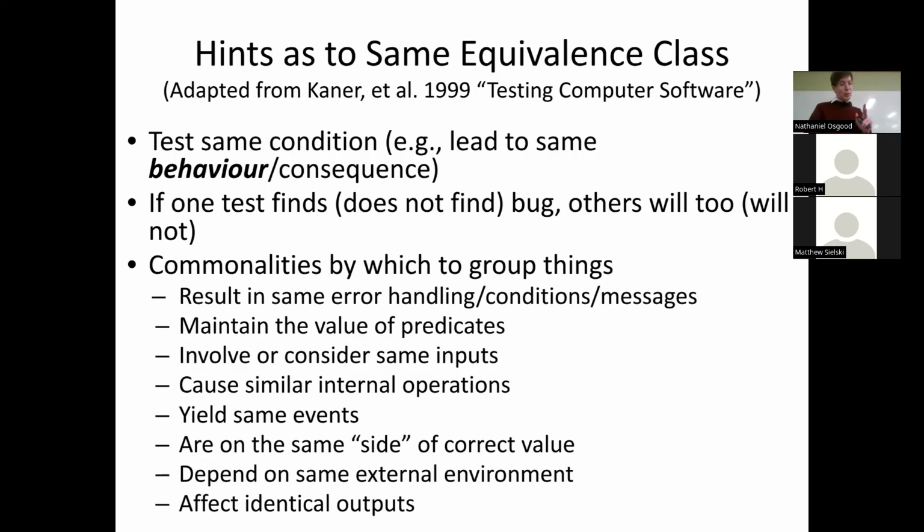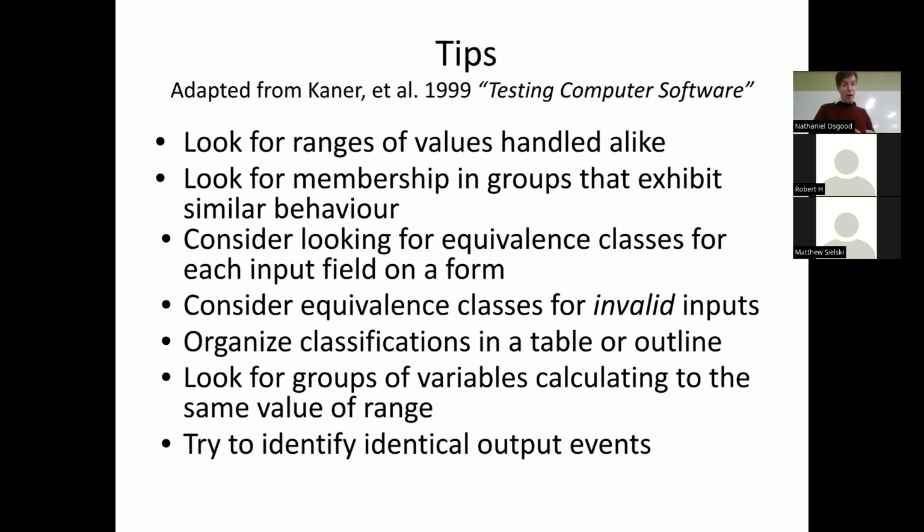So you're looking for things that often lead to the same behavior, are handled similarly. If you find a bug with one, probably it's not handled properly, probably it occurs with others as well. And there's a bunch of heuristics you can use to help suggest ideas here. Do they yield the same event? Do they yield the same error message, etc.